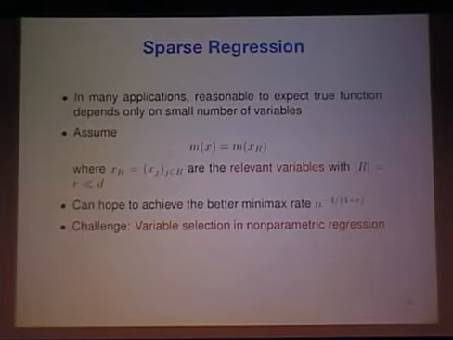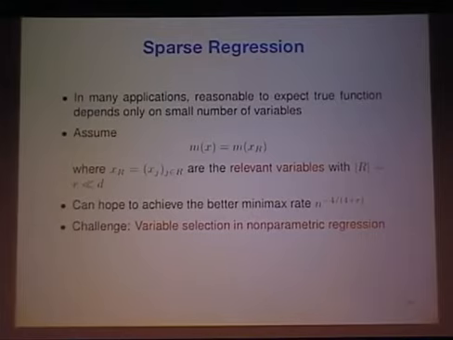So for example, in gene expression array data, the natural assumption in many applications is that the phenotypic response, the disease of interest, is only a function of a small number of genes, although the measurements are of tens of thousands of genes. So we're going to assume that the true function is a function of a small number of variables. And the problem is we want to find what those variables are. So we need to do variable selection in this kind of non-parametric setting.